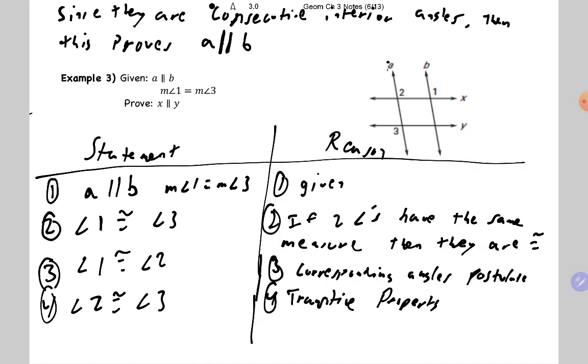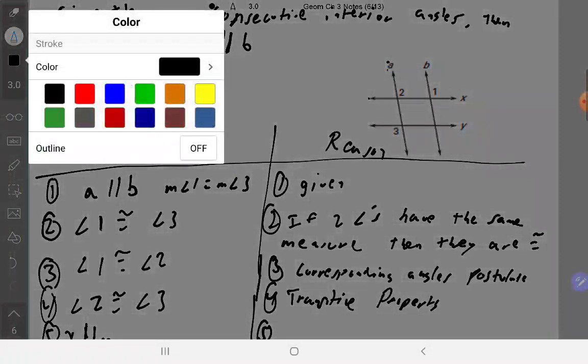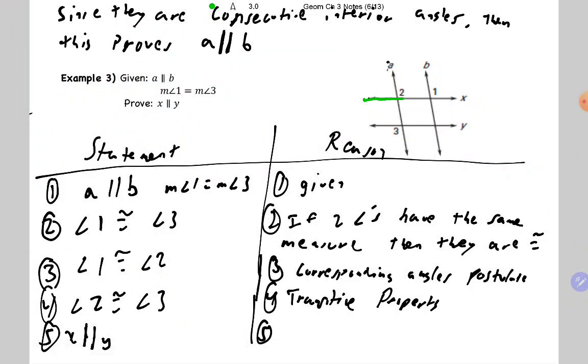Lastly, I can say X is parallel to Y. Because if I look at this one now, I'm trying to prove that the two green lines are parallel.